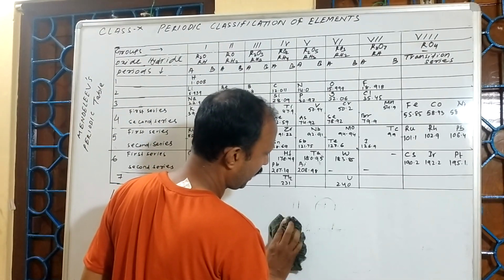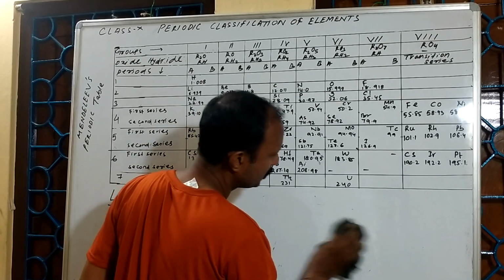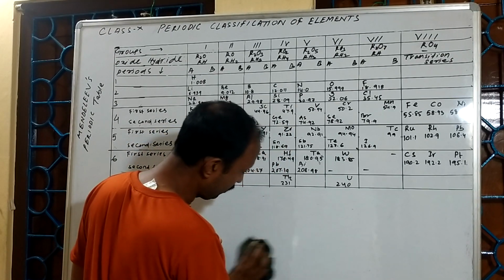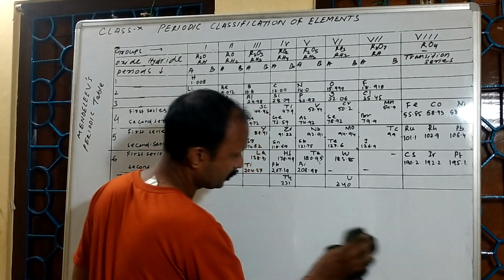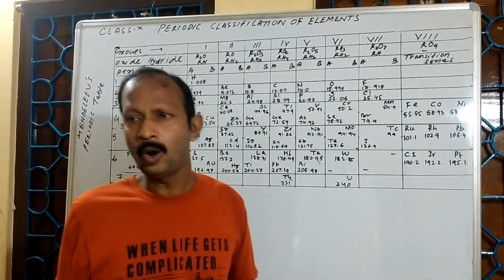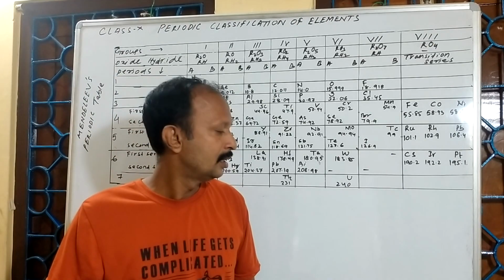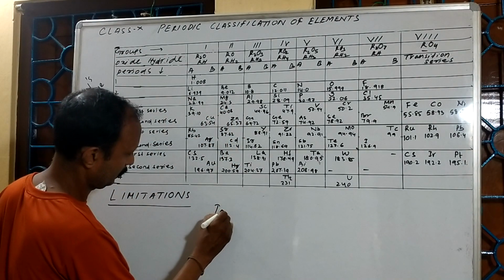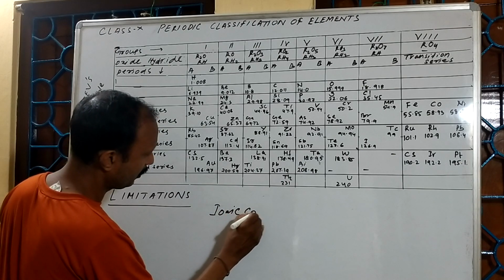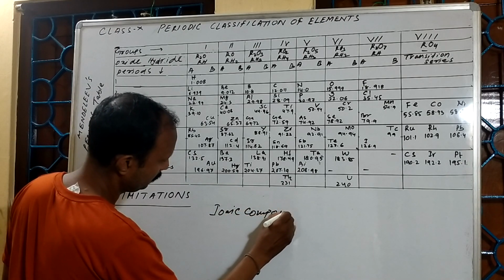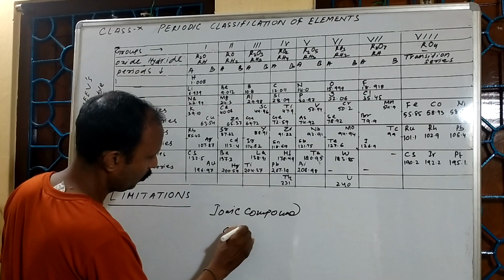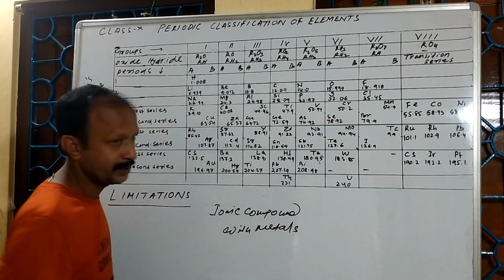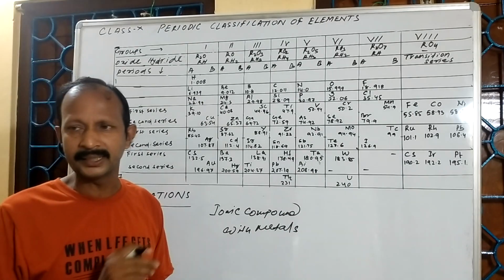They also show some similar properties. For example, ionic compounds with metals.